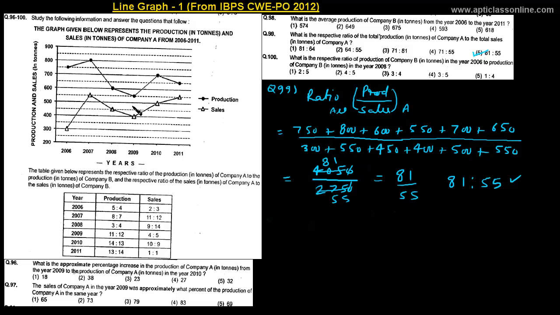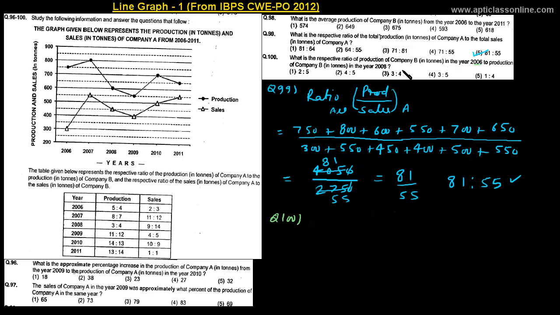So let's take up question number 100, the last question. Question number 100 says, what is the respective ratio of production of company B in tons in the year 2006 to the production of company B in tons in the year 2008?